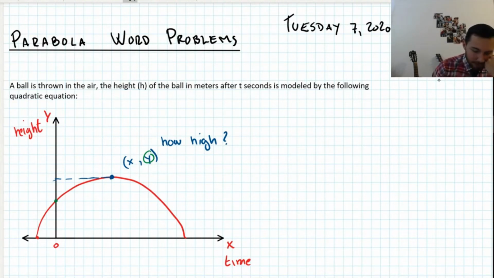My y-intercept. Well, if I think about it, this is at 0 seconds. So my y-intercept is at 0 seconds. That is when I must have started to throw. But I already have some kind of height. Well, what that tells me is that I didn't launch the ball from the ground.